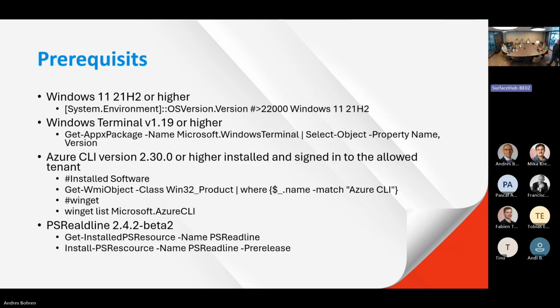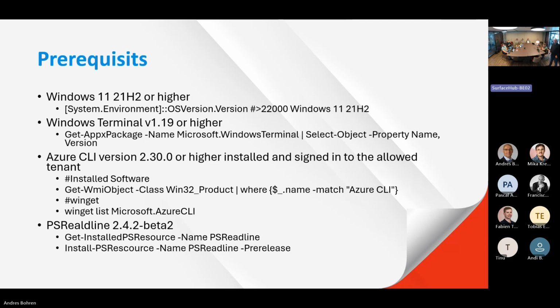So what do you need for that? It's currently in Preview 4. Preview 4 requires Windows 11. And as this is a PowerShell group, I also added the PowerShell commands, how you can get that information. You need to know if the build is over 22,000, then it's Windows 11 21H2.